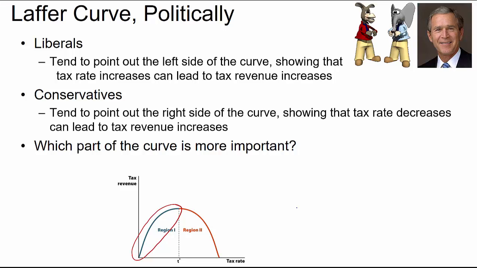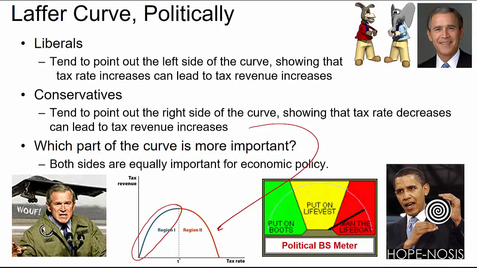Conservatives point out this side. They think that if we're on that side of it, if you increase tax rates, you're going to reduce tax revenue. And so there's that back and forth argument. Both sides are equally important though, because you've got to know where we are if you're going to put in place efficient taxes.